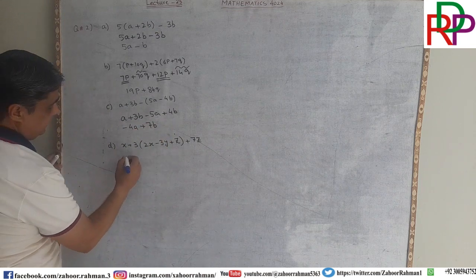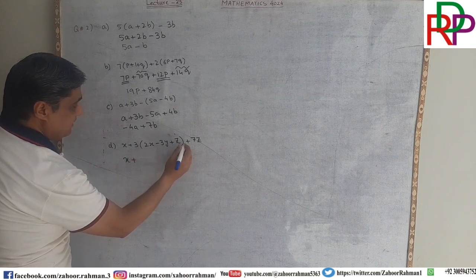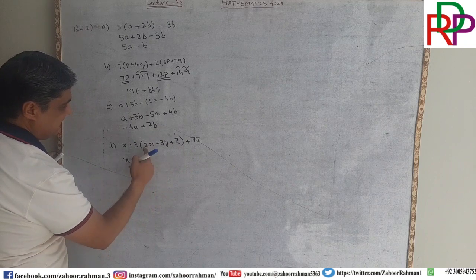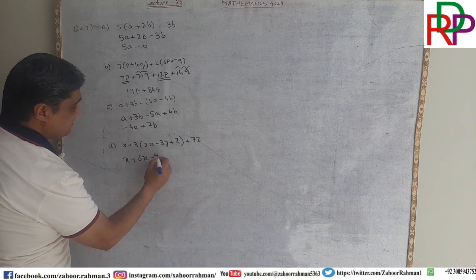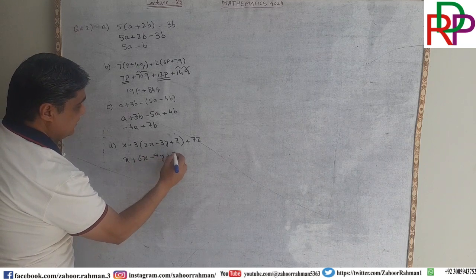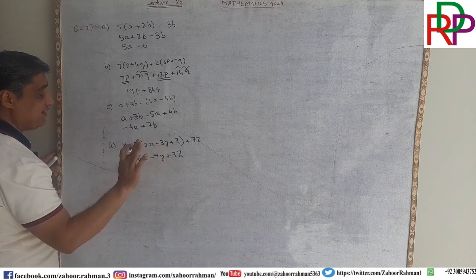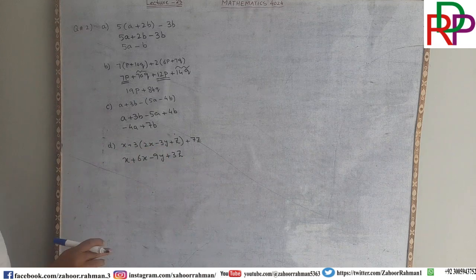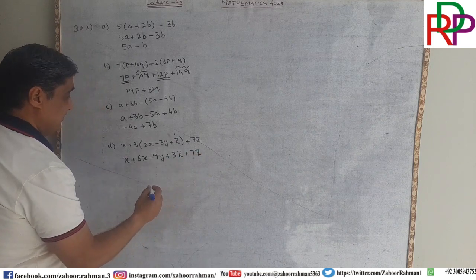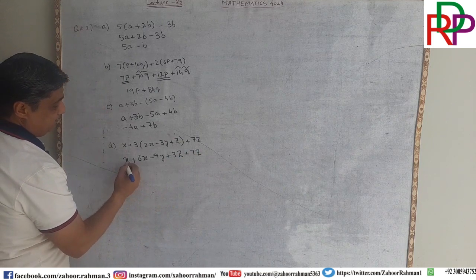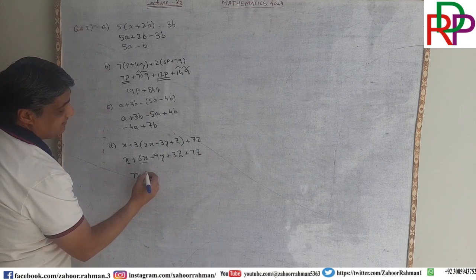Now the D part is a bit longer one but not difficult. 3 will be multiplied with whatever is inside these parentheses. So 6x minus 9y plus 3z. Because it is positive, the sign will not be affected. And then I have to write 7z here. Now x will be added with the other x, so it will become 7x.